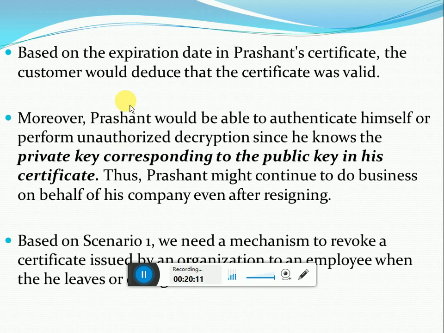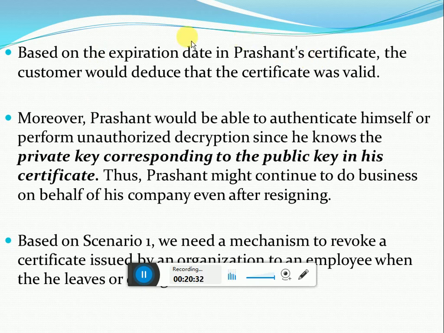On June 10th, he is trying to establish a communication with the customer of company X to which Prashant earlier belonged. With the details of the certificate he had, he is trying to establish a communication with him.